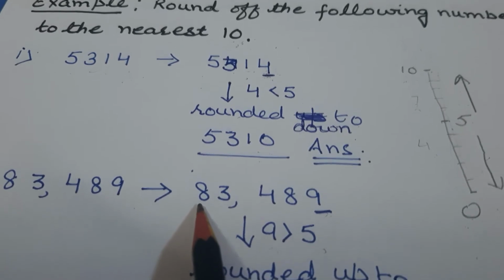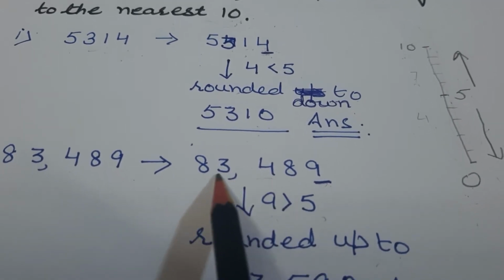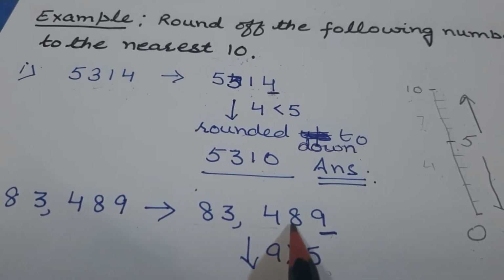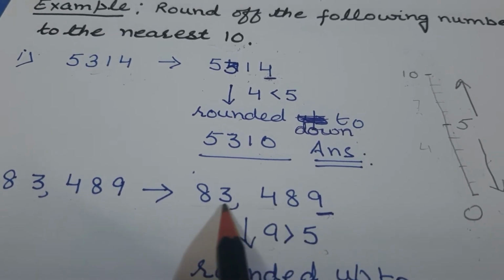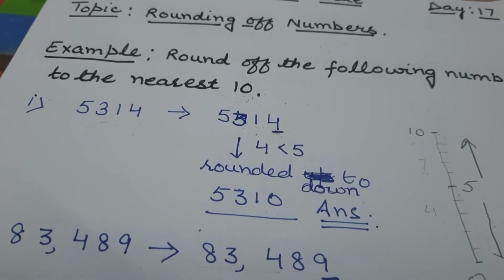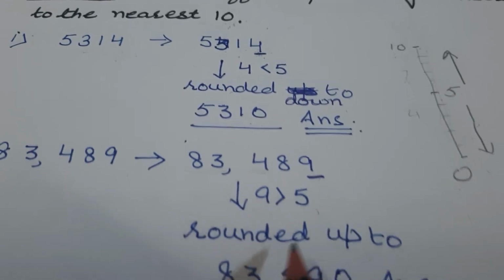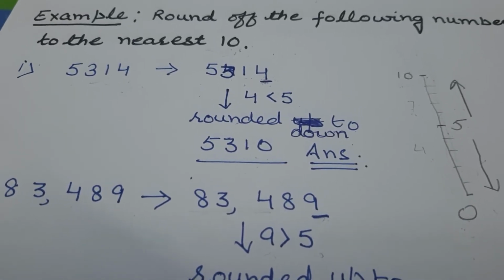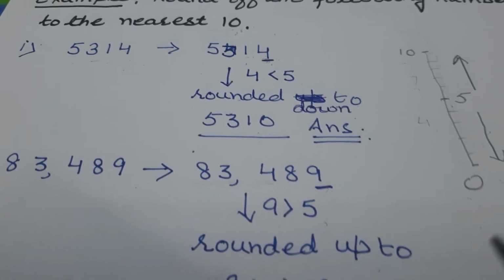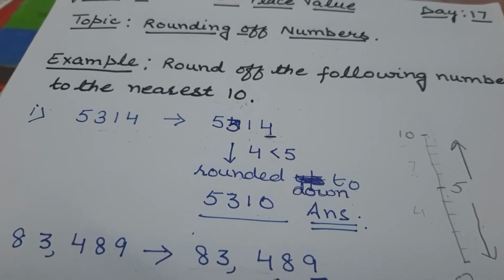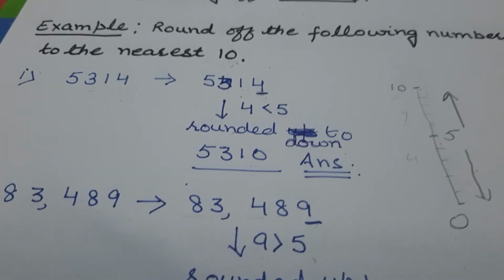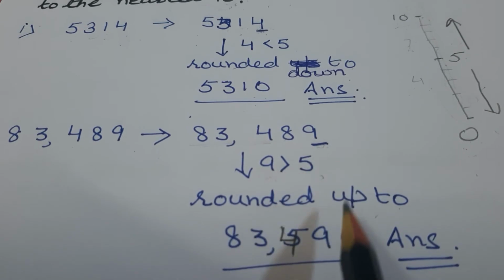So students, this whole part after tens will be written as it is. Okay, sorry, here it is 4. So this whole part is written as it is, but this 9 will become 10.